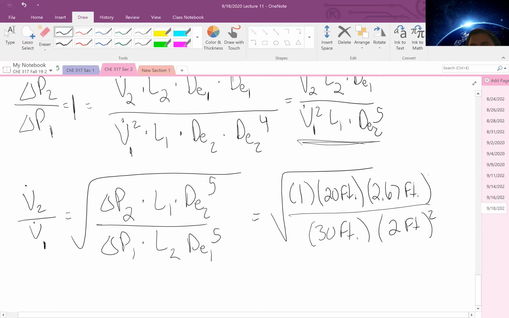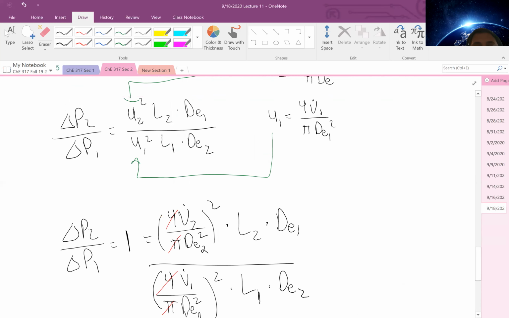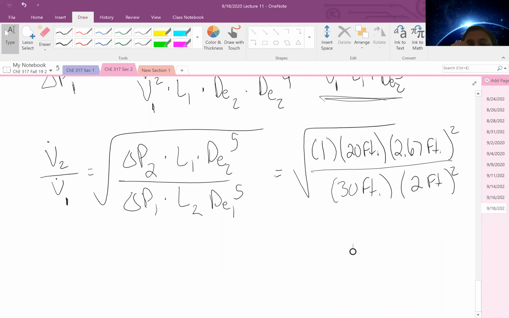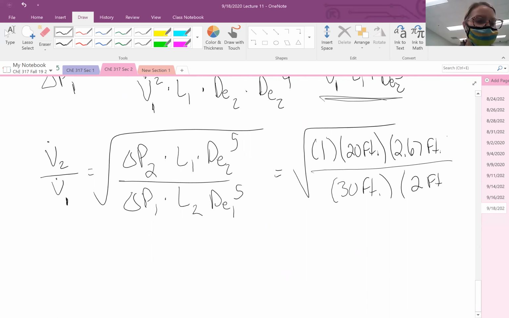Now, I will say that the units aren't going to work out primarily because we've done a lot of variable cancellations. So in this type of analysis, you don't have to worry so much about the variables. Yeah, this is to the 5th.